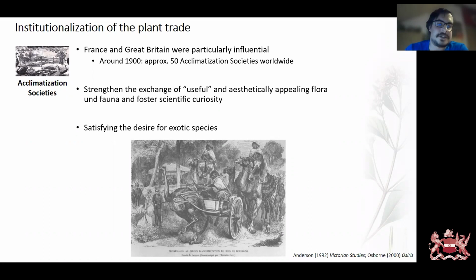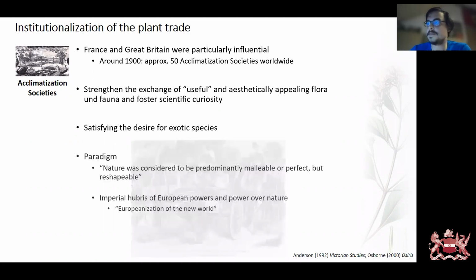And I think it's quite a sight if you were walking along this boardwalk to be overtaken by this carriage pulled by an ostrich. So this kind of gives an illustration of this dimension and this desire for exotic species, especially in the upper class back in these days. And this was an important driver of plant and species redistribution during the European empires.